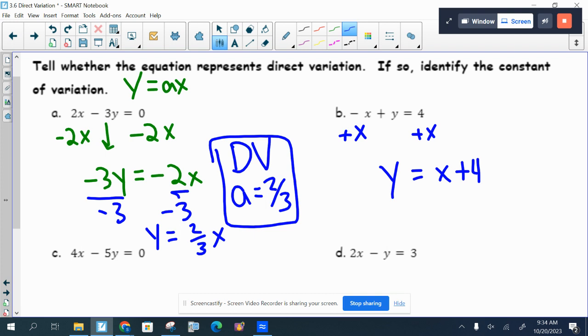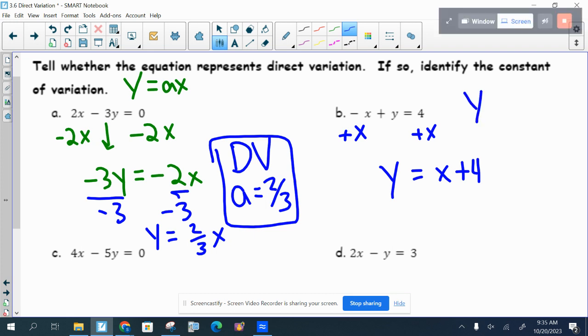How about this one? Reese? What'd you say? You said it is or not? You said it is? You're saying it is.